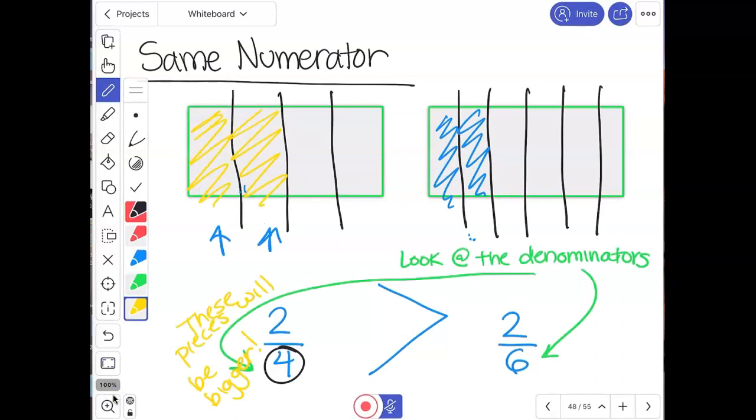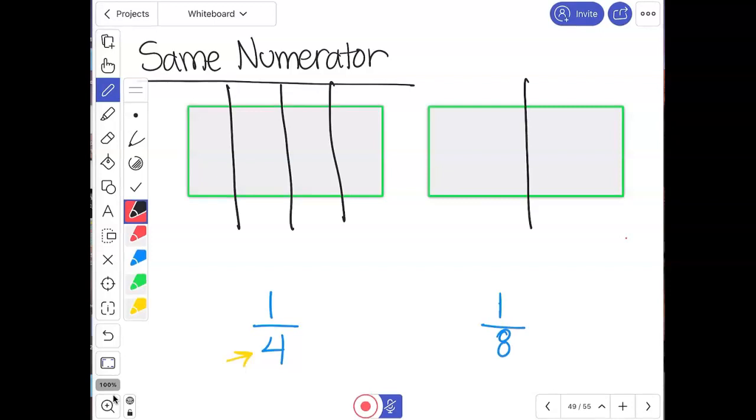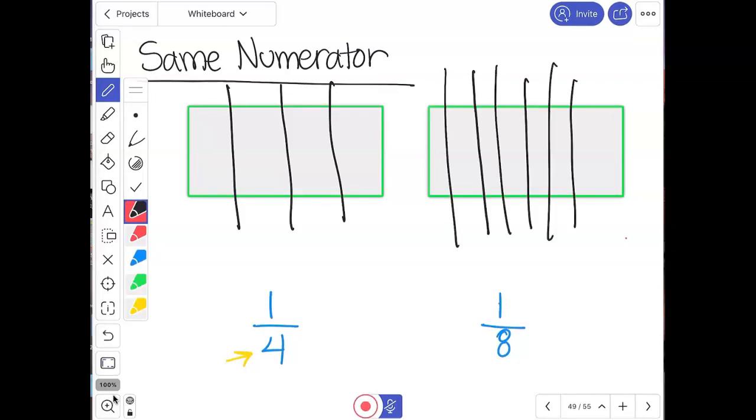Okay, so one more. Make sure you jot those notes down. 1/8, 1/4. So looking at it right now, I know these pieces will be larger. If I cut that cake into fourths, and I cut this cake into eighths, if I've got one of these versus one of these, it's really easy to see that this is significantly larger.